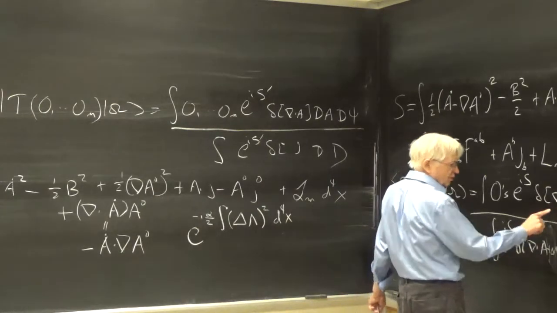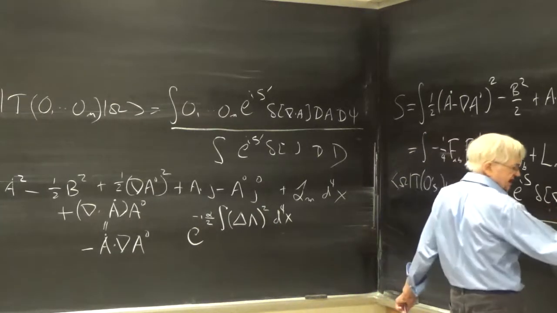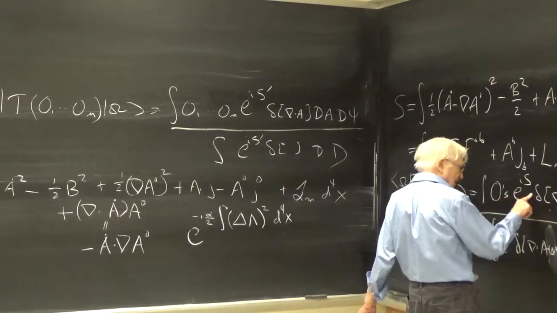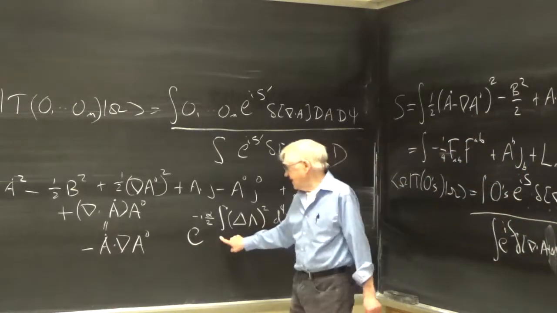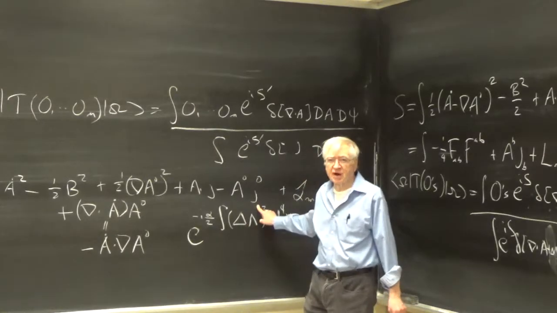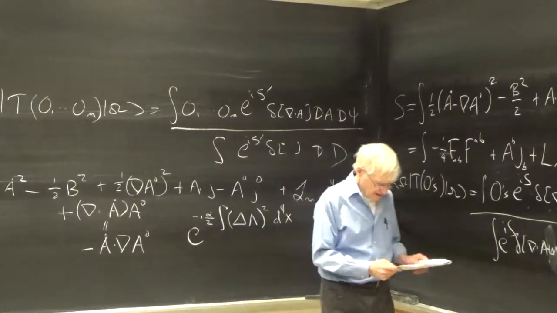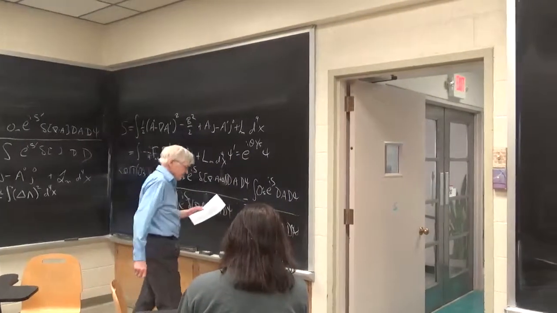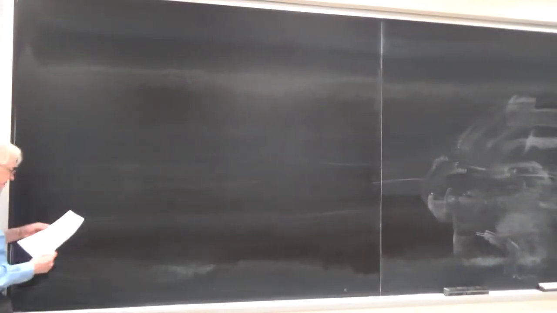Or actually, we're still at this stage. I haven't yet integrated over everything. So we multiply the numerator by this, and the denominator by the same thing, but with a prime. But before we actually integrate over all lambdas, we do a shift.